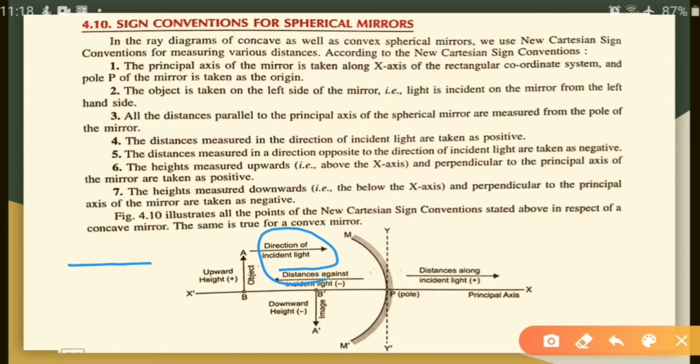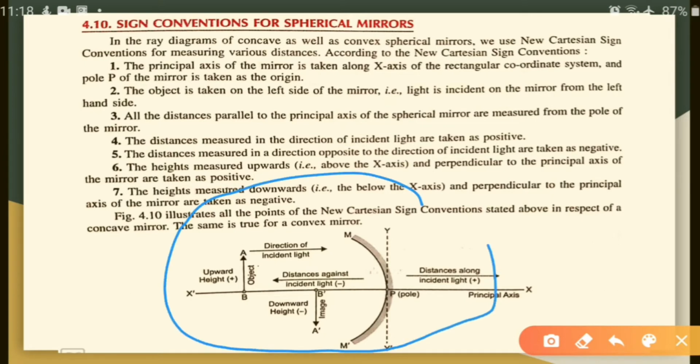Okay, now what will be v? Look at this picture. For this figure, the image is at point B dash. A dash B dash is the image, and all the distances are measured from P. So your image distance will be PB dash, and this distance is also opposite to the direction of the incident ray.